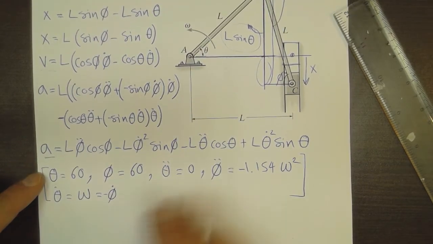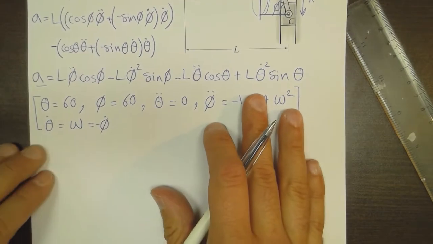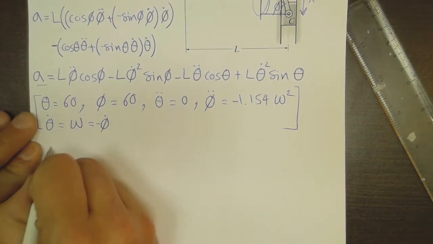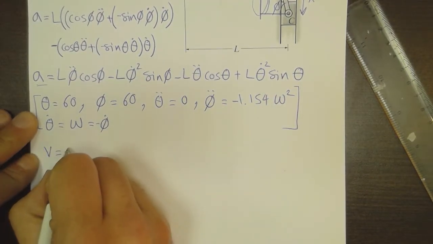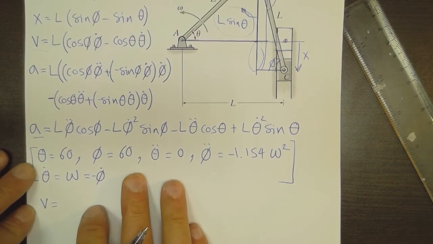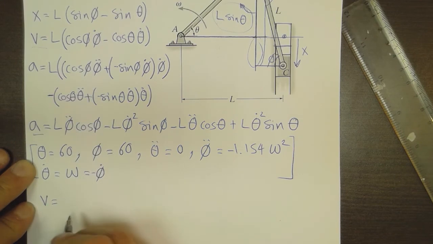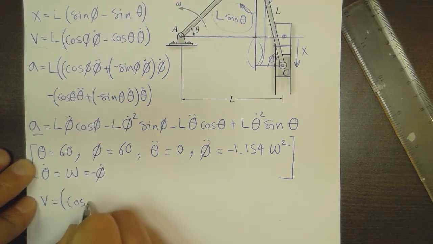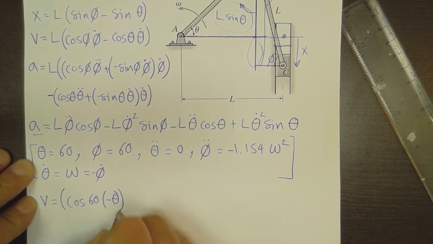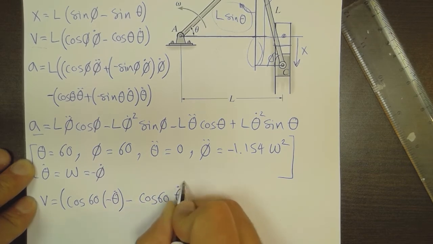For the velocity, here's the equation, so I wouldn't need to write it down again. I'm just going to substitute: cosine 60 times minus theta dot minus cosine 60 times theta dot.